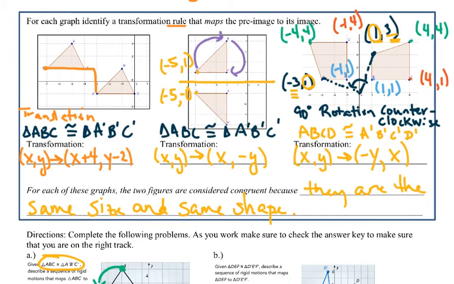If I name A prime, B prime, C prime, I start here, I go to B prime, and then I go to C prime. You can see that I'm moving in the opposite direction, counterclockwise. So when we have the name A, B, C going clockwise, and its image is counterclockwise in orientation, that would mean that there had to be some kind of reflection. That's going to be very important.